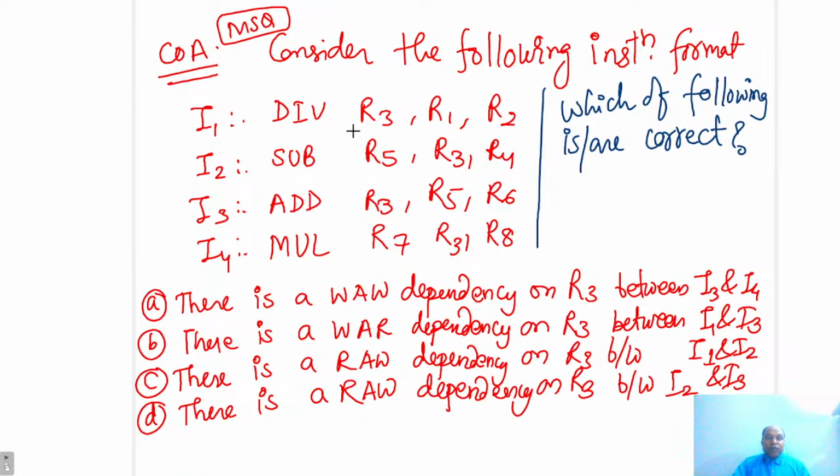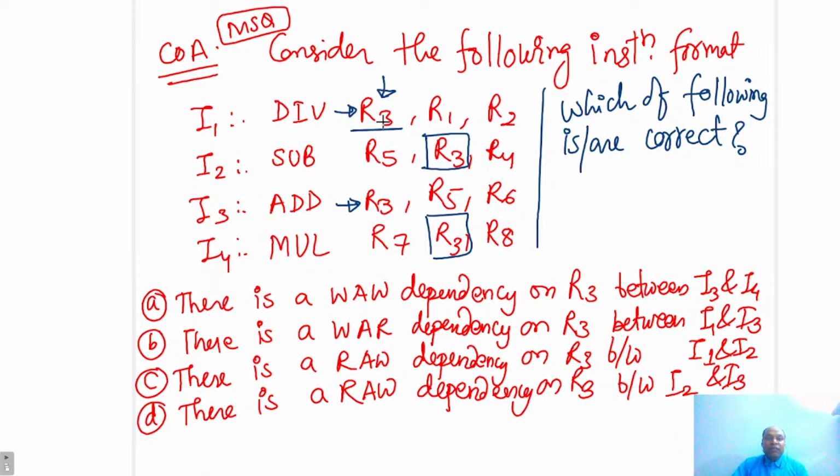So now R3 is giving the output here. Now R3 is input to this particular place and R3 is input to this particular place. Okay, so we need to only check with respect to R3. Now R3 is also output here. So likewise, no need to worry about R5 or R7.